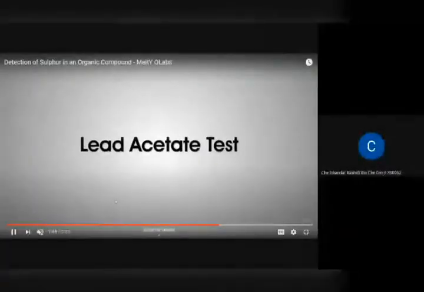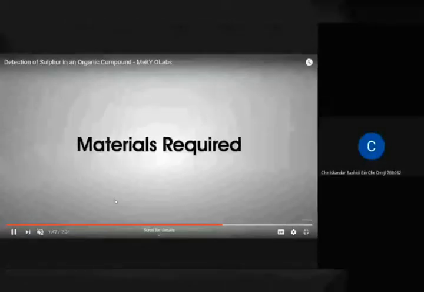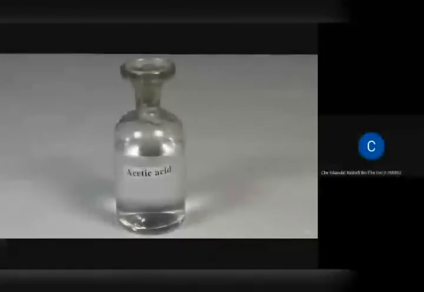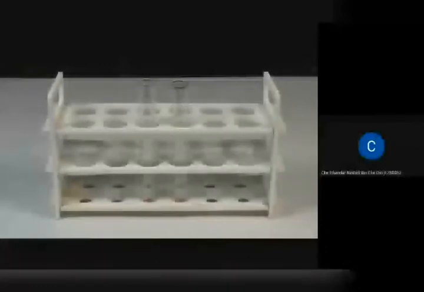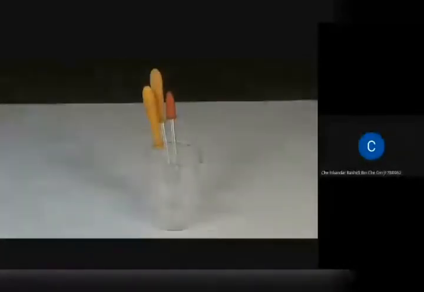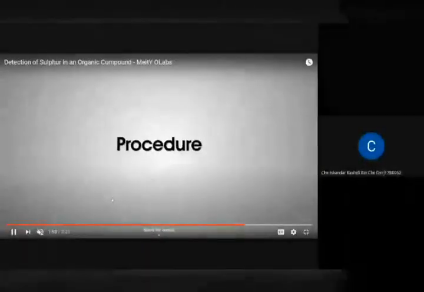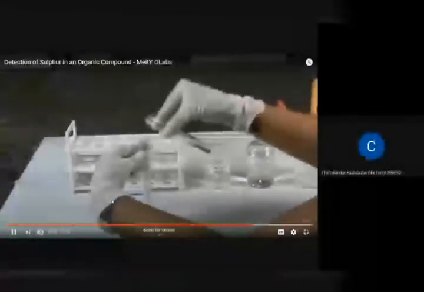The second test is the lead acetate test. Materials required are lassaigne's extract, acetic acid, lead acetate solution, test tube, and a dropper. The procedure: put a small portion of lassaigne's extract in the test tube, and add a few drops of acetic acid using a dropper.